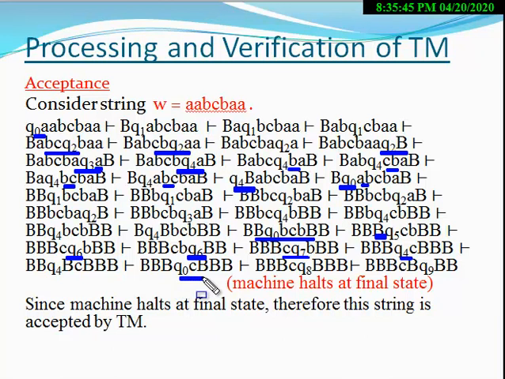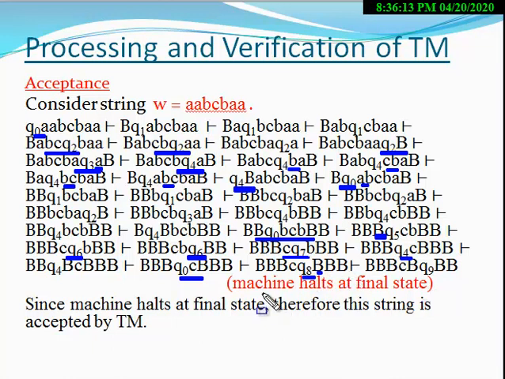Now at this state Q0, the tape symbol C appears, right? Then the machine goes to Q8 state. Now you have to check at the Q8 state. When at the Q8 state the tape symbol capital B appears, in this situation the machine goes to the final state because there is no input string after C here.